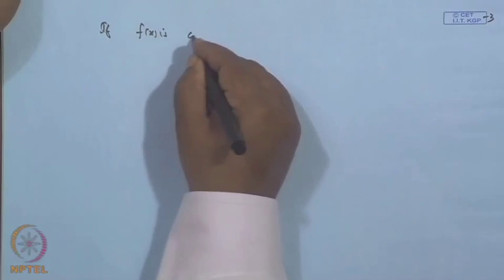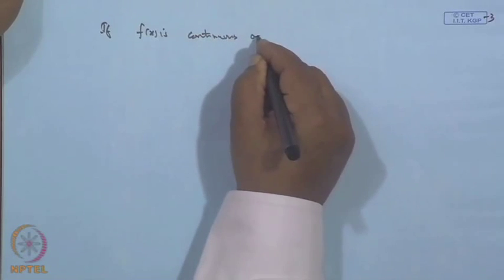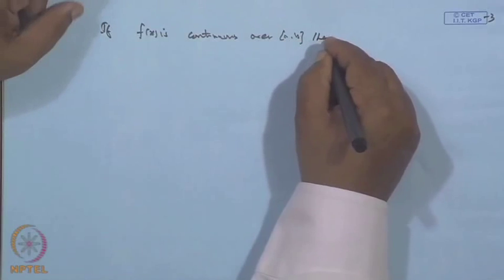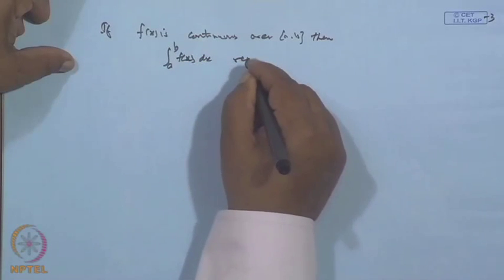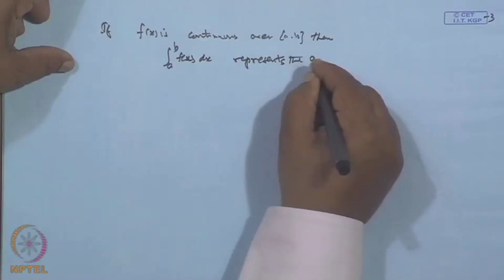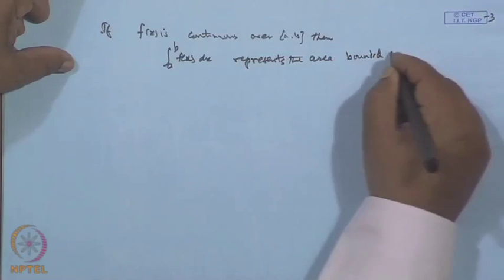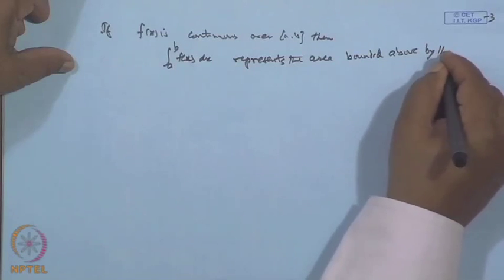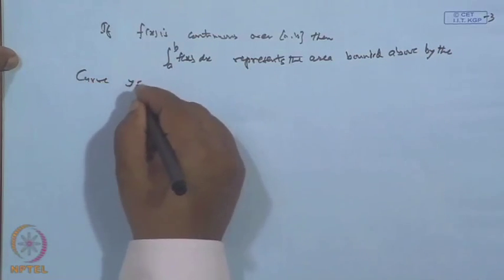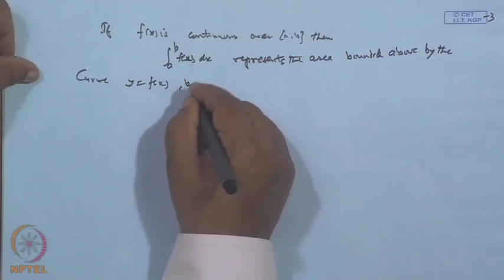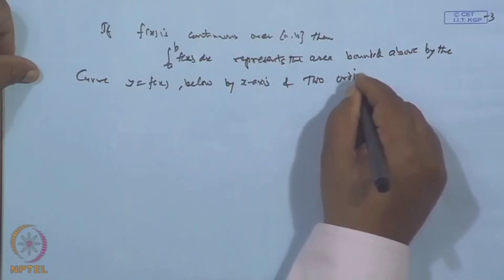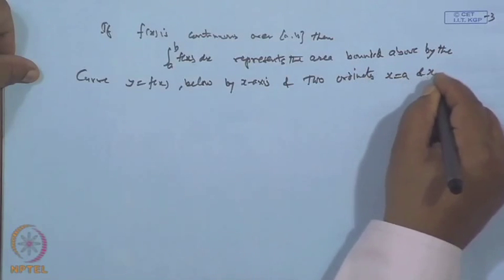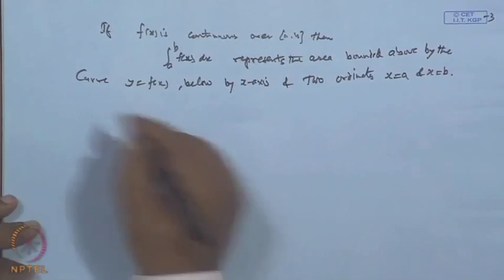So, if the function f(x) is continuous over the interval [a, b], then the integral from a to b of f(x) dx represents the area bounded above by the curve y = f(x), below by the x-axis, and by the two ordinates x = a and x = b, and we call this a definite integral.